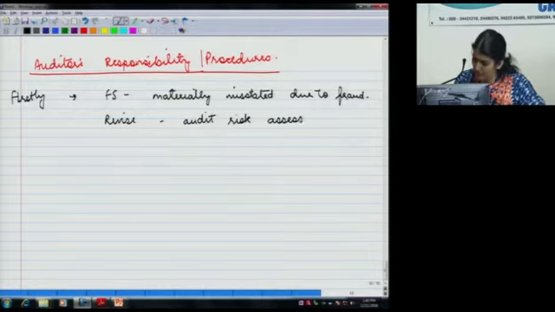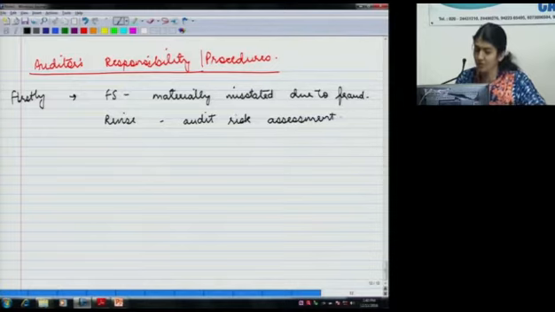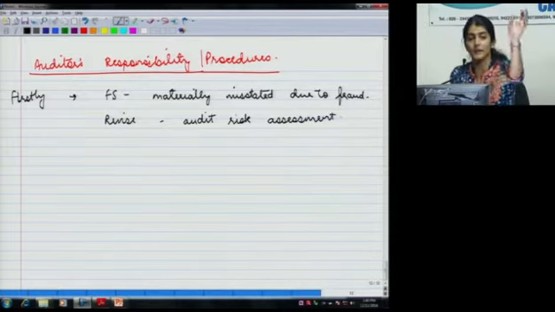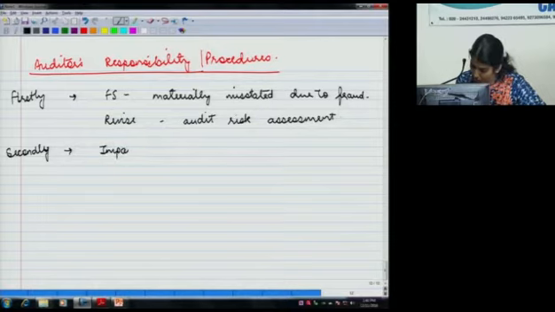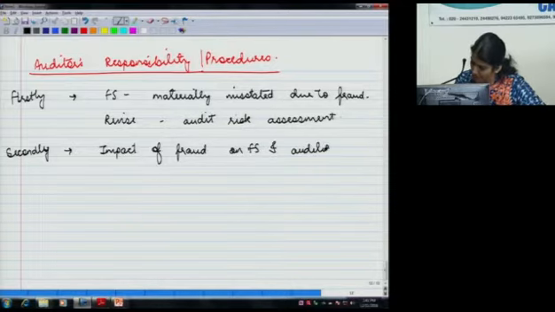So this simply talks about the risk assessment procedures of SA 240. Secondly, you need to check the impact of fraud on the financial statements and the auditor's report.